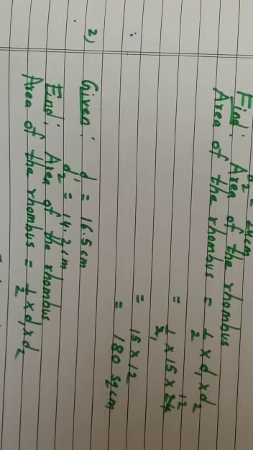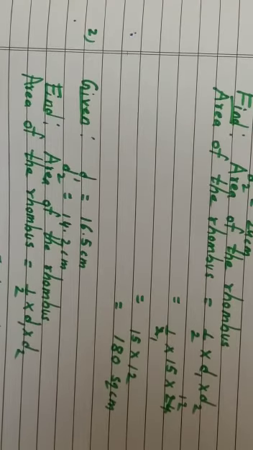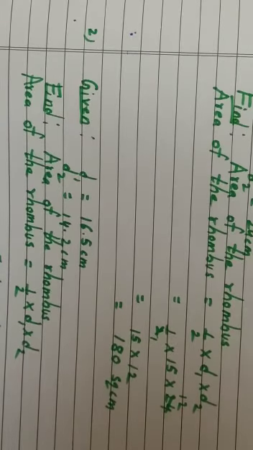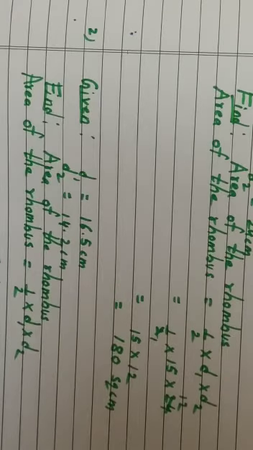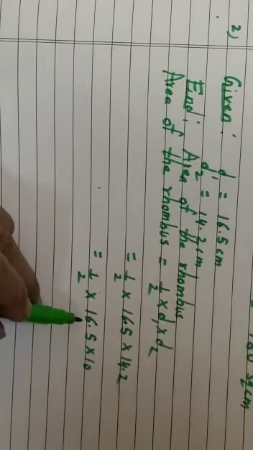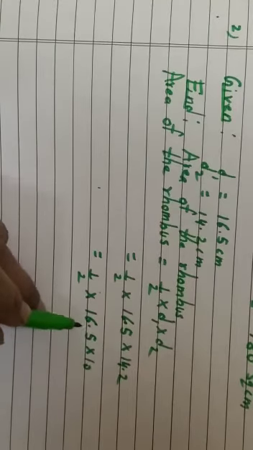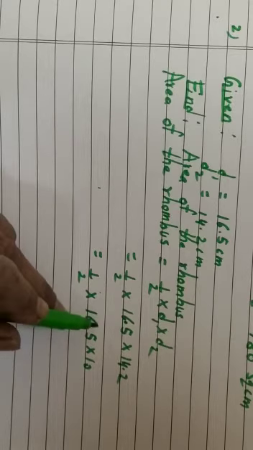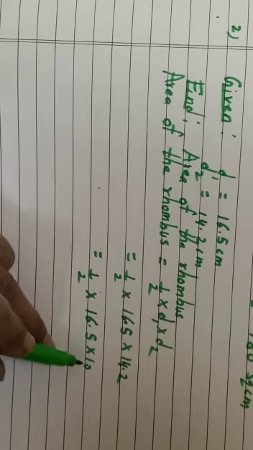Now here, you can remove the decimal. How can we remove this decimal? By multiplying by 10. Half into 16.5 into 10, so I shift the decimal point and make 16.5 into 165.